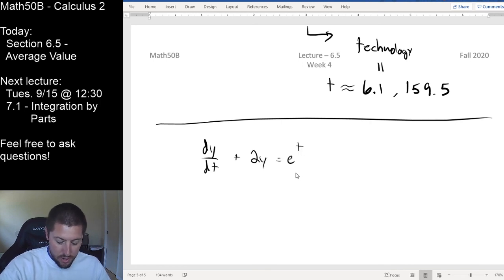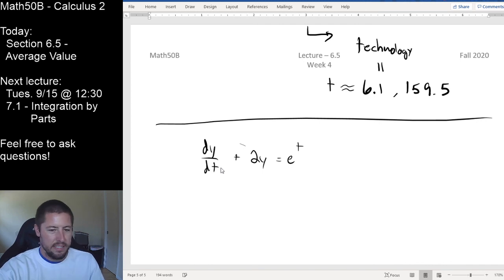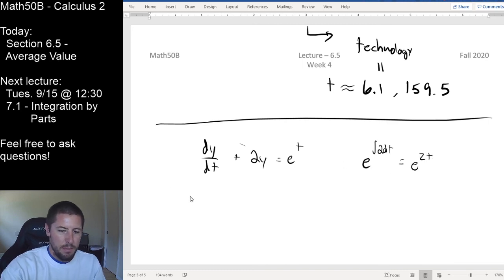then what we would do is recognize that this left-hand side maybe looks like it somehow came from a product rule. When I see derivatives and sums, I think product rule to myself, but it's not clear to me what. In differential equations, we'll justify that e to the integral of 2 dt is a special value. That's e to the 2t, which can help us fix all of our problems here.